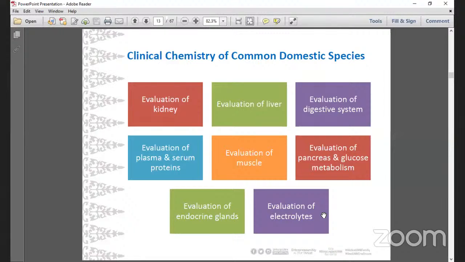So clinical chemistry can be used for us to evaluate the kidney function, the liver function, the digestive system, the plasma and serum protein, the muscle, the pancreas, the glucose metabolism, the endocrine glands like the pituitary gland, the parathyroid gland, and the adrenal gland, and also the electrolytes such as sodium, potassium, magnesium, and so on.